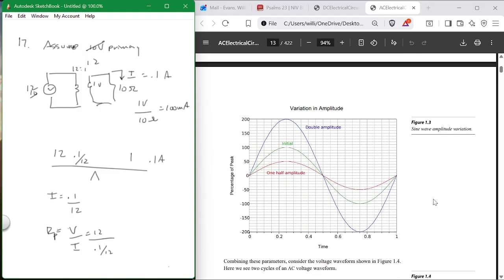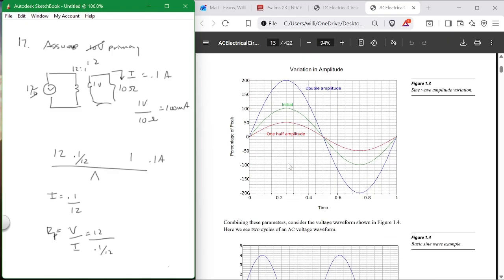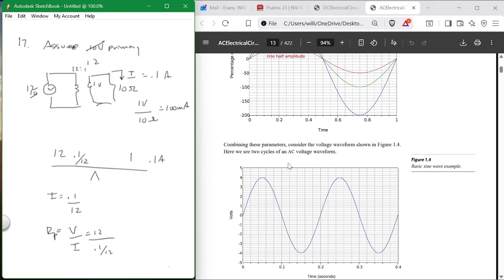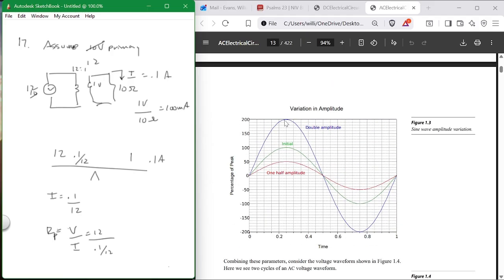So you also have amplitude. Now the amplitude is the height of the signal. And when you talk about a signal, you do not necessarily talk about its peak amplitude. You talk about its RMS amplitude.